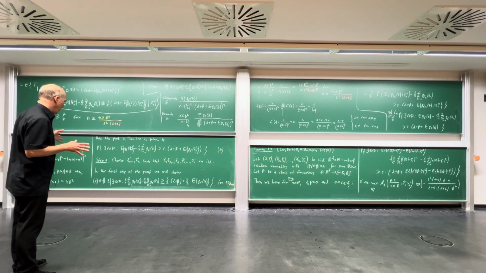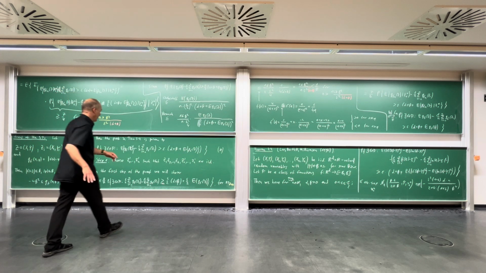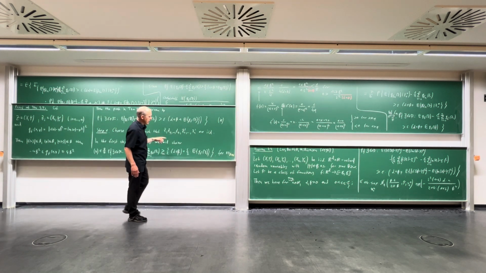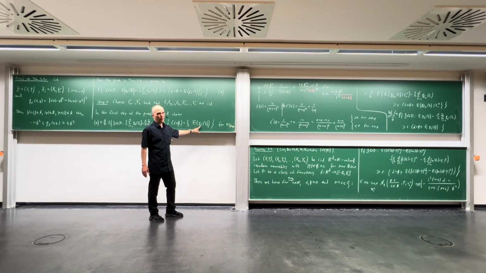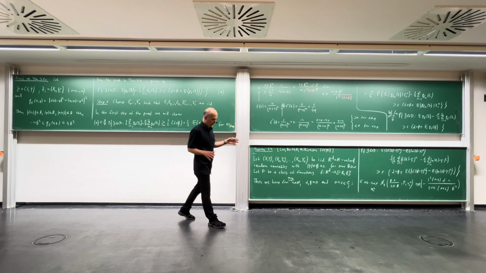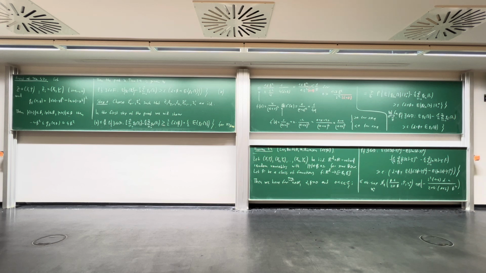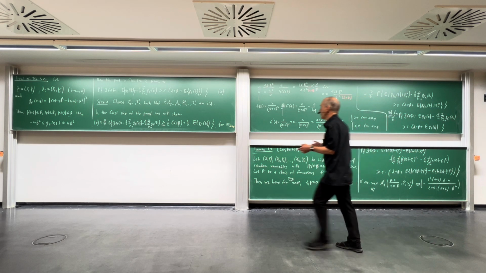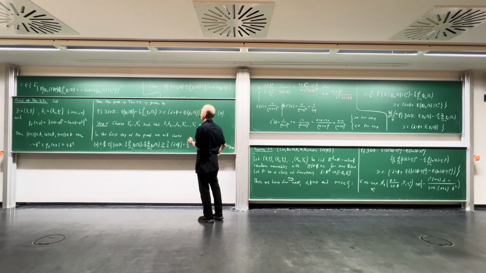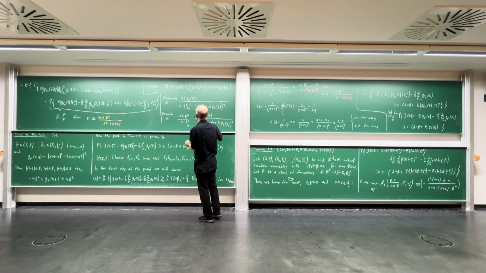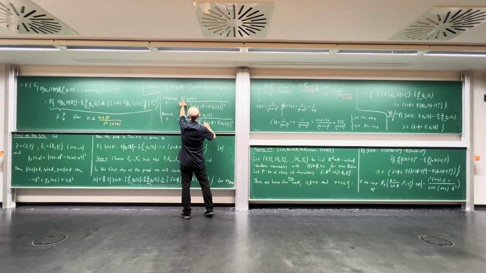Well, the next step will be, we are here now. I will replace this guy by the expectation of the square of this guy. Because the expectation of g_f of Z squared is less than 16b squared times this guy.